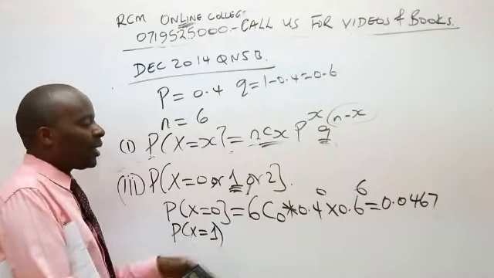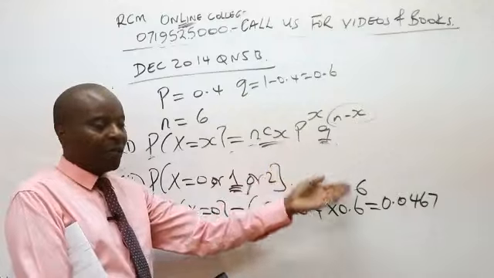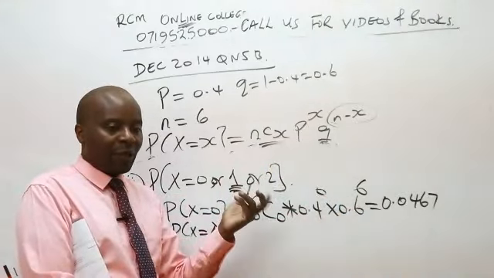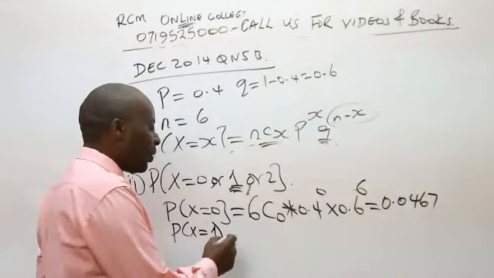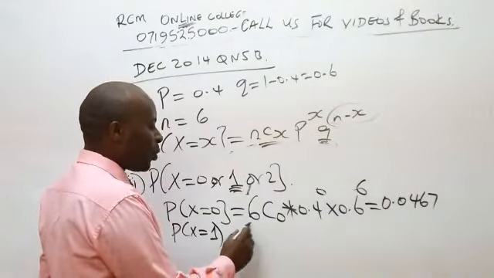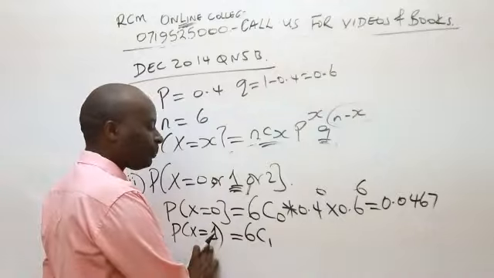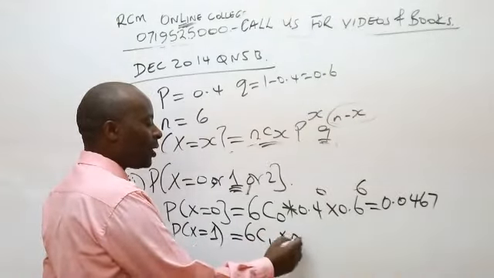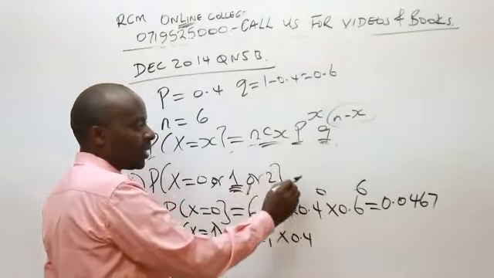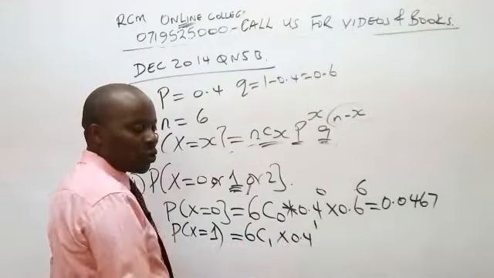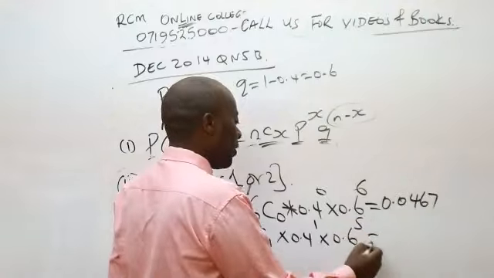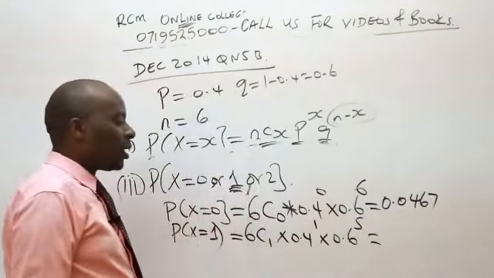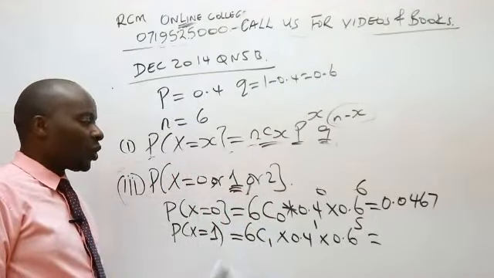Now from there we have the probability of X equals 1. I could simply pick the one we obtained earlier and plug it in, but because we are not fighting against anybody's time, I can write it out. So we have 6 combinations 1 times 0.4 raised to X, which is 1, times 0.6 raised to power 5, because the 2 powers added together will always give us 6.